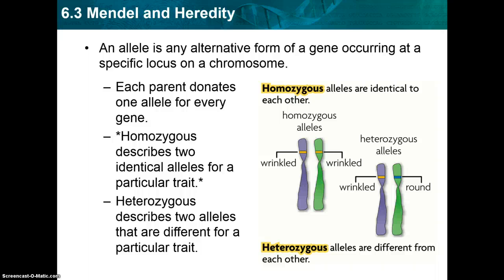Or heterozygous, which is 2 alleles that are different for a particular trait. Heterozygous means different, so they're going to be 2 different forms of that specific trait. So the example here shows that this kid got a wrinkled gene from his mom and a wrinkled gene from his dad. So he is homozygous because both alleles he got were wrinkled.